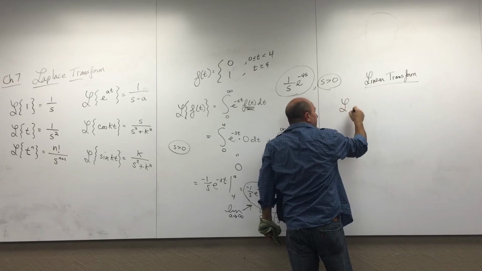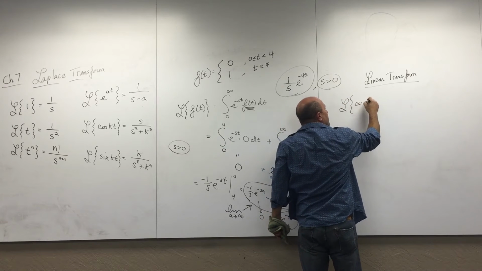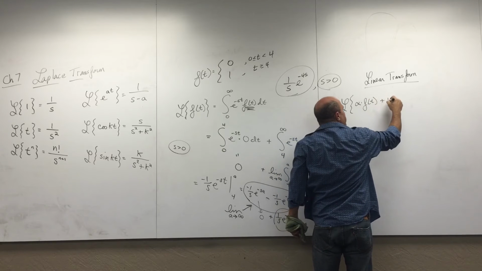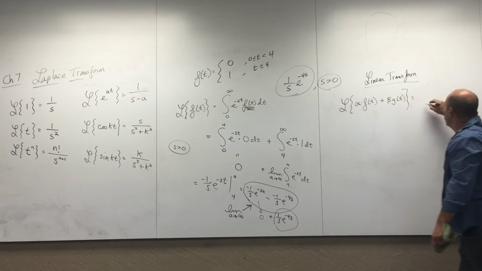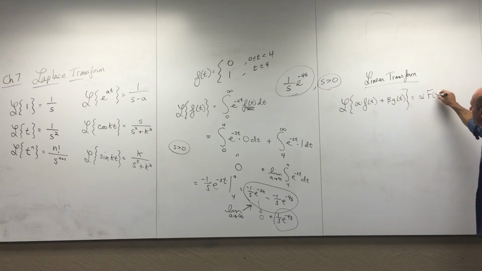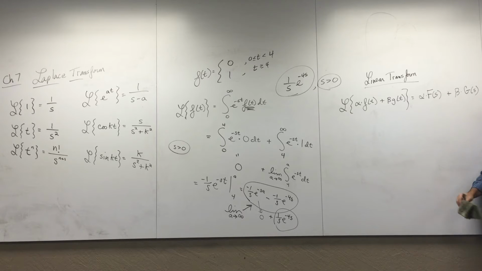It means if you're doing the Laplace of alpha times f of t plus beta times g of t, then the answer is alpha big F of s plus beta big G of s. Now, what the hell did I just say?